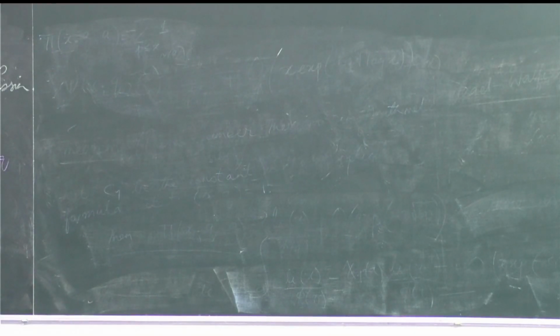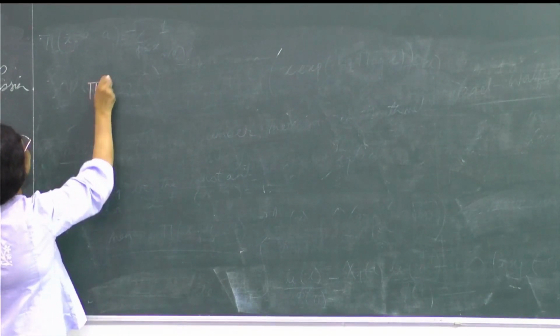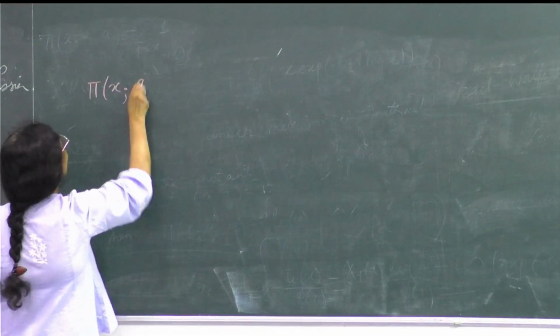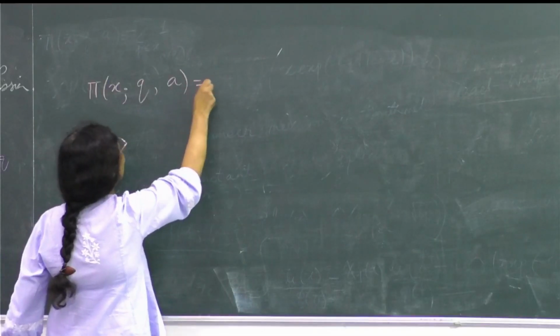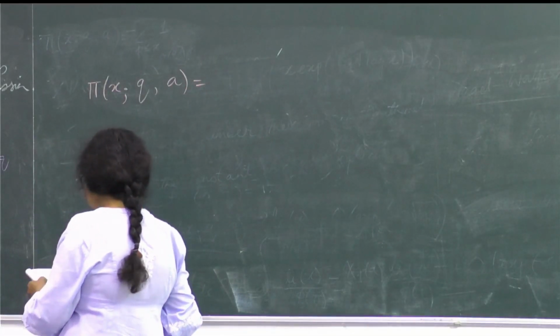So you can express pi in terms of theta. So if you do that, pi of x; q, a, how would you write this in terms of theta?